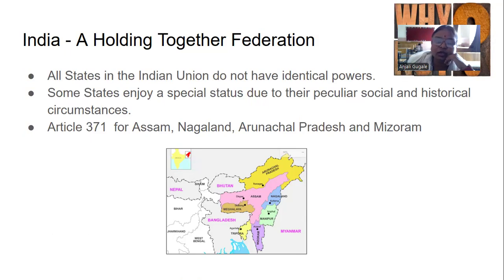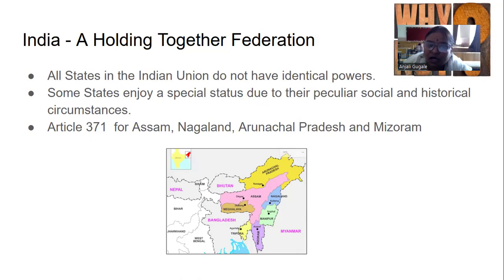Some states enjoy special privileges, special powers and special status, because of their peculiar social and historical circumstances, and because they may be socially and educationally backward. This is to protect the rights of the people and the sovereignty, identity and culture of these states. That is why there is unequal distribution of power, and that is why India is a holding together federation.